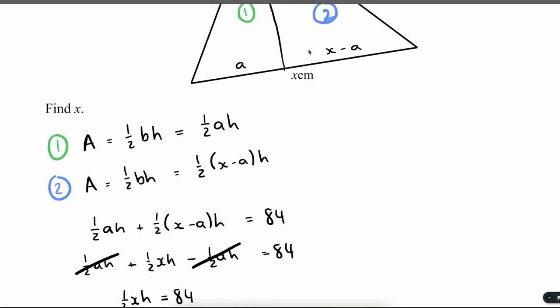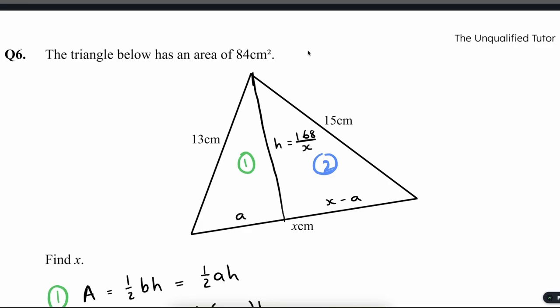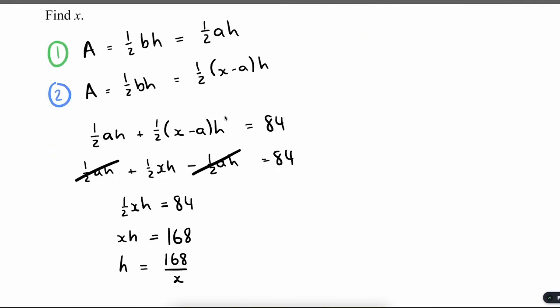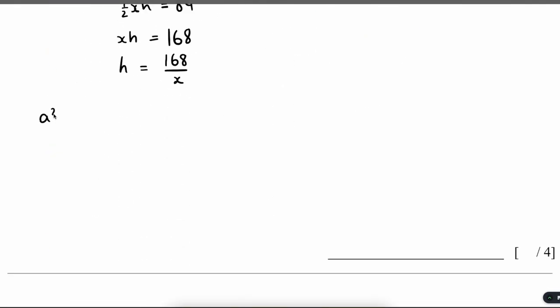Okay. Now that we know that, we also know that, because I've drawn it directly down through the middle, this is going to be a right angle triangle. So we know that A squared plus h squared is going to be 13 squared. So let's do that. So h we now know is 168 over x, and because I don't know what 168 squared is, I'm just going to leave it like that.